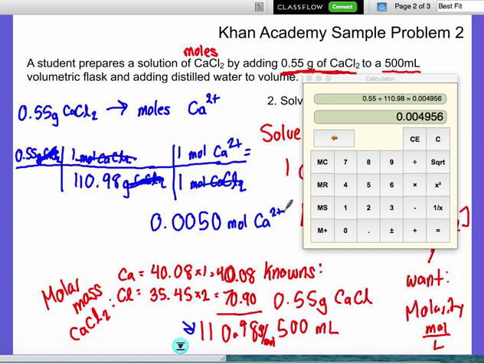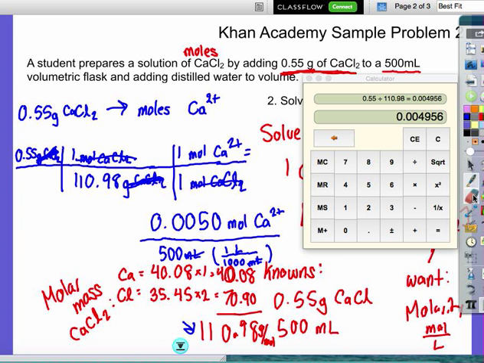But we want the molarity, so we need to divide that by how many liters we had. So we had 500 milliliters, and we know that for every 1 liter, there's 1,000 milliliters, so that the milliliters cancel out. 500 divided by 1,000 simplifies down to 0.5 liters.